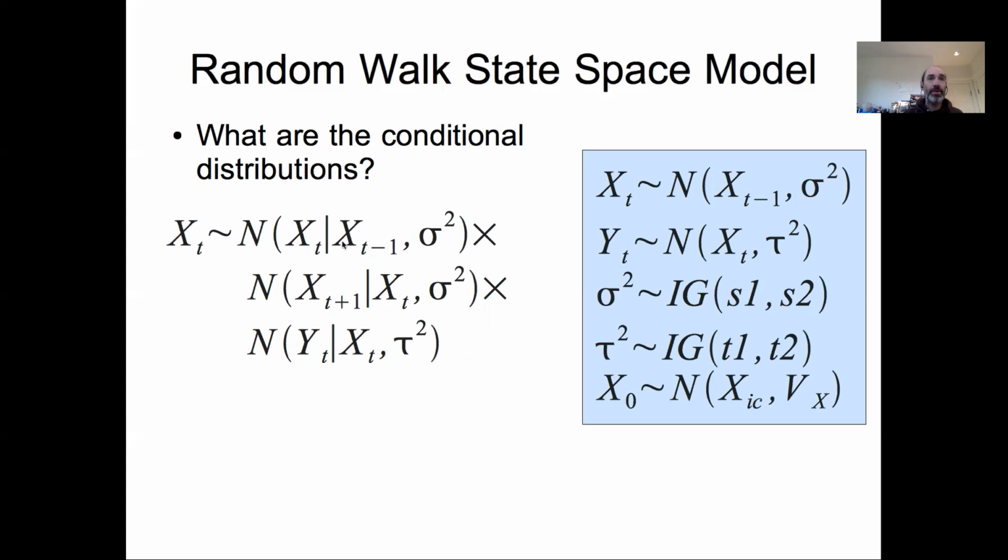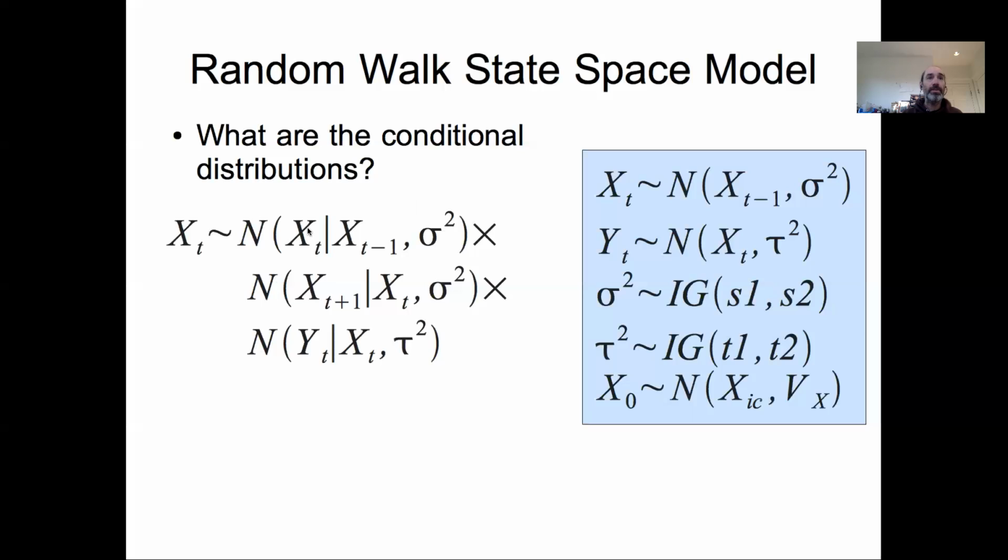The other thing that's worth noting is that one of the things we learned early on, when we learned about the conjugacy between the normal and the normal, was that it was one of the cases where we had an analytical solution, where we could write down this distribution in closed form.